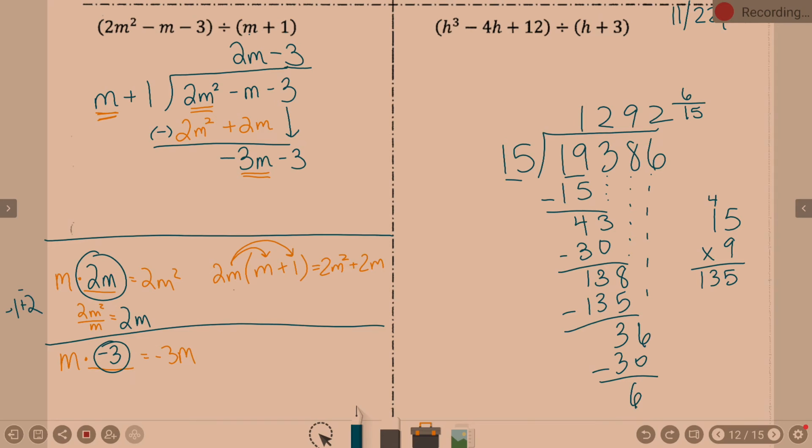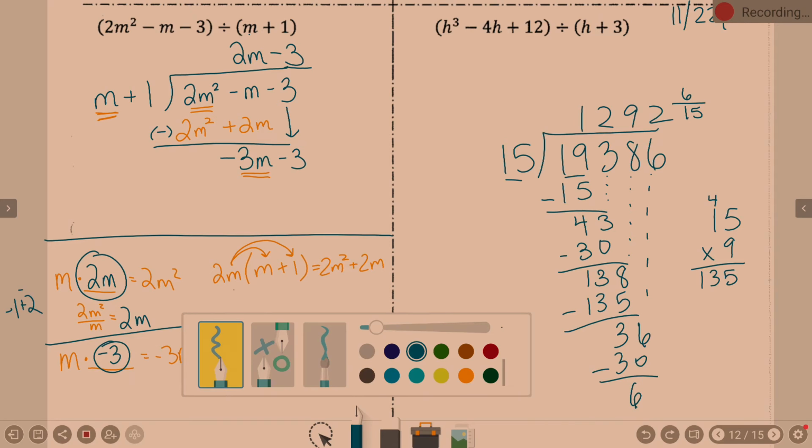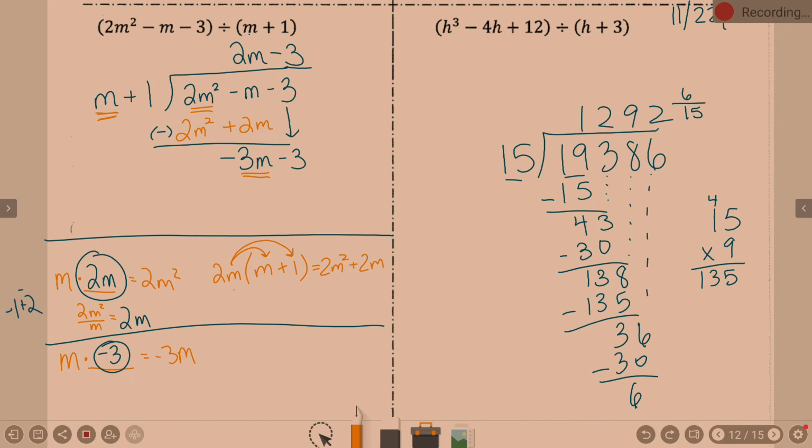After we get that negative 3, we're going to take it and multiply. So we're going to take this negative 3 and multiply by m plus 1. So negative 3 times m, negative 3m. Negative 3 times 1, negative 3.